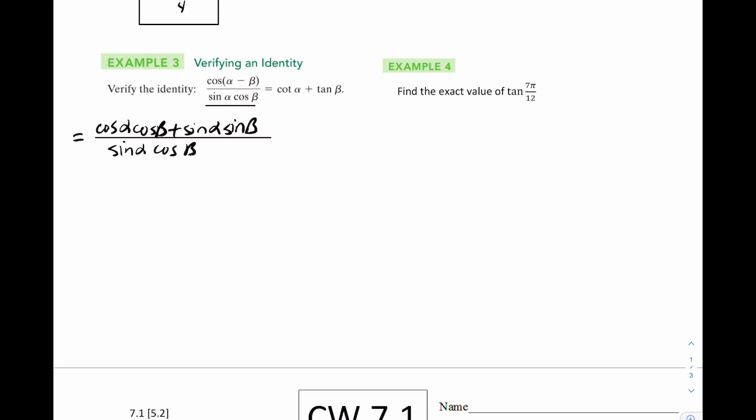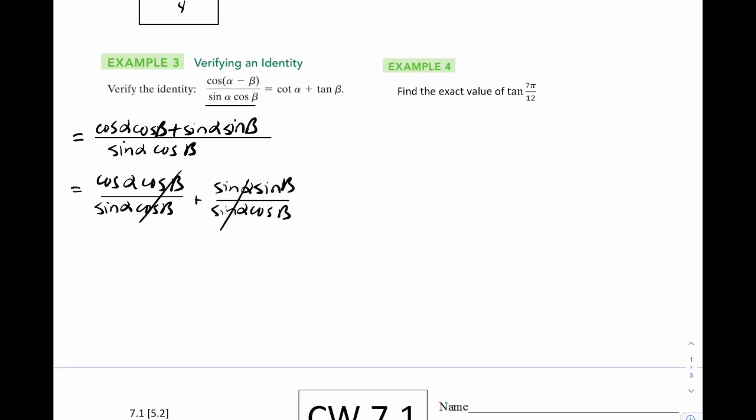At this point, let's split the fraction. So it's cosine alpha, cosine beta, all over sine alpha cosine beta, plus sine alpha sine beta, all divided by sine alpha cosine beta.